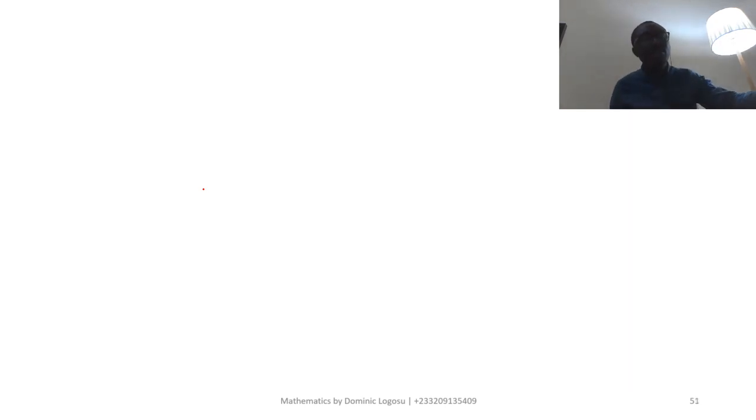So let's take another example. This example basically says that given that m equals -2 and n equals 3 over 4. Let me clean it and write it over, okay?